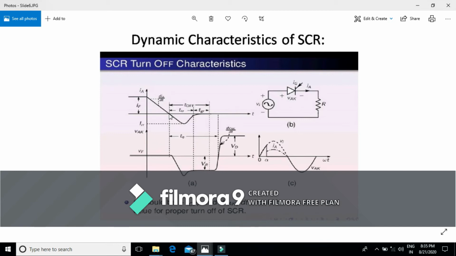This is because of the charge carriers present in the conduction layers and in the depletion layer. That means it's necessary that the thyristor should be reverse biased for a finite period of time, even if the anode current reaches 0. Because if we apply the gate current, the SCR will again turn on due to the presence of those stored charge carriers.